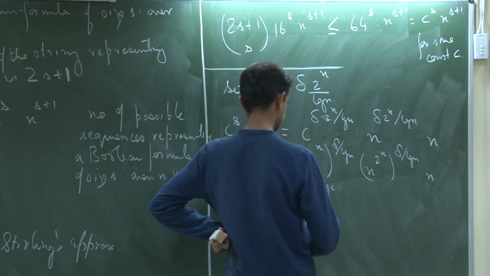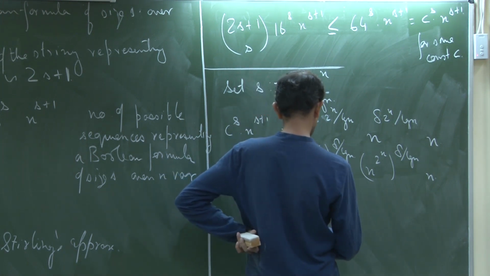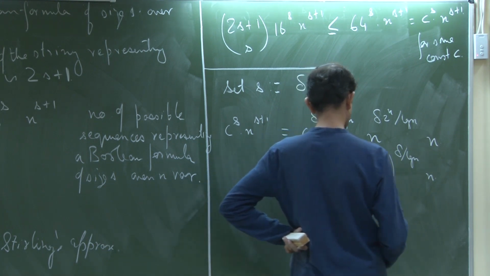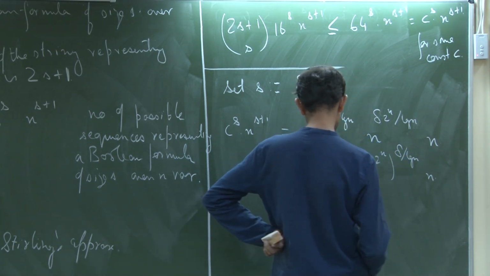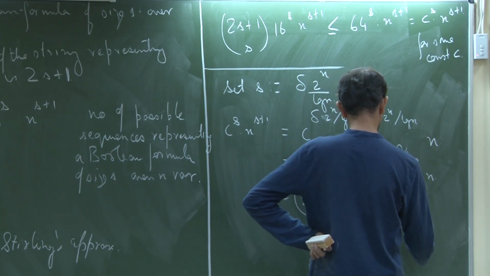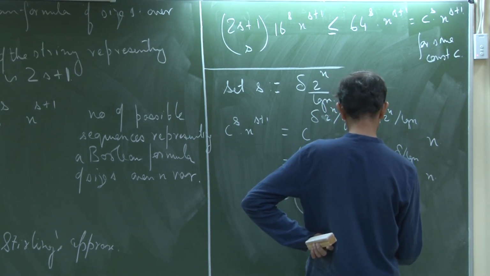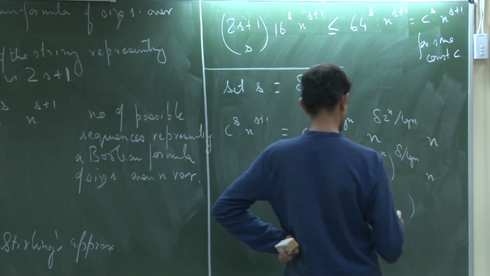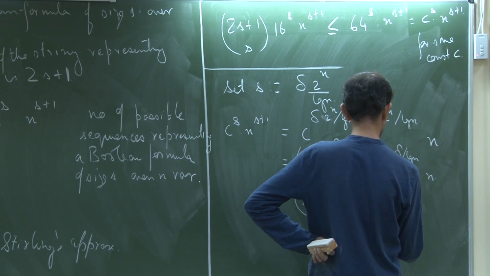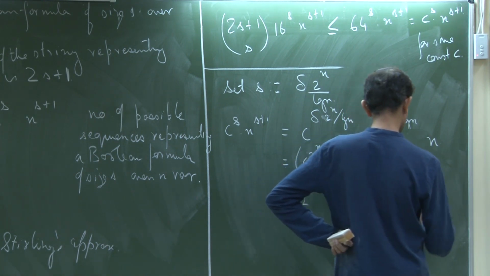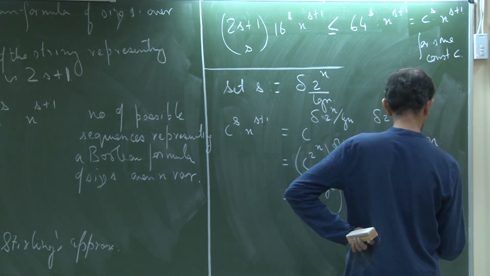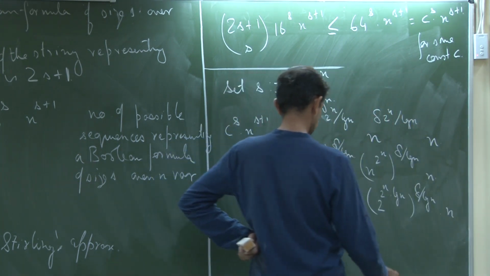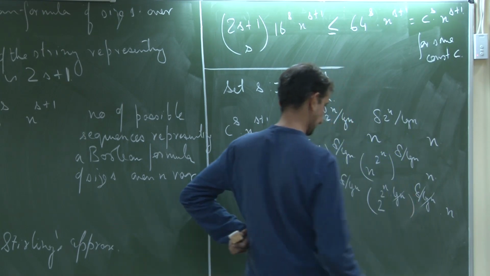And I do the same thing over here as well. So this would be 2 to the power 2 to the power n delta by log n times log n, times n. Okay. So this log n and log n cancels out.